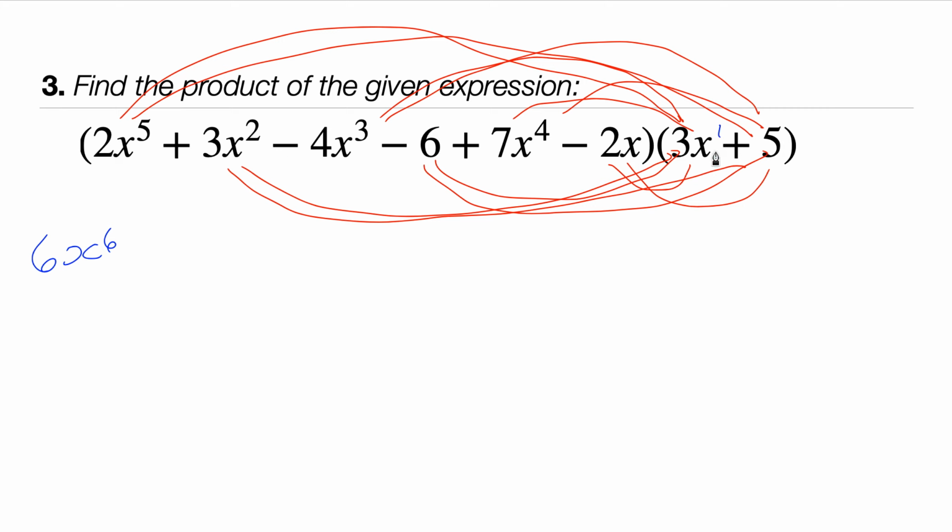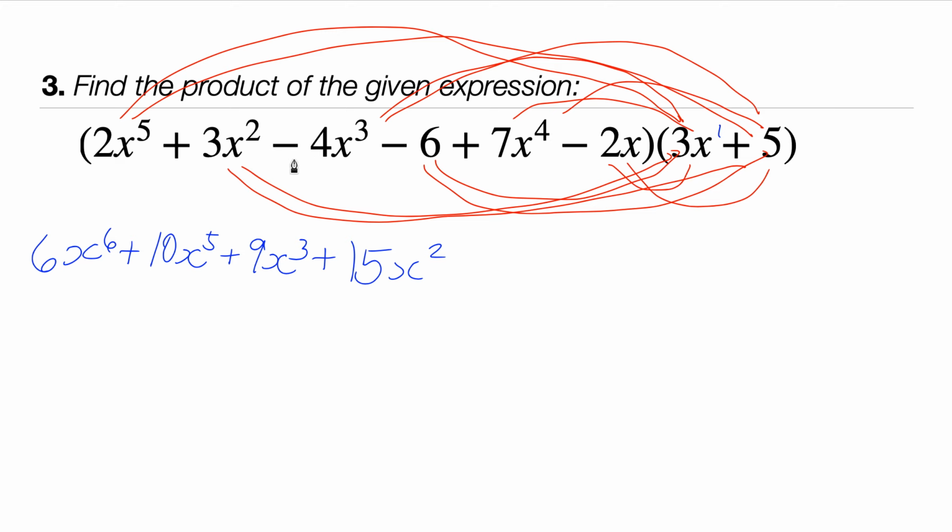So x to the fifth plus 1 becomes 6x to the sixth, and likewise 10x to the fifth will be the next term. Then 3x squared times 3x is going to become 9x cubed. Why is it cubed? 2 plus 1. So 9x cubed, and then multiply 3x squared by 5, that's going to become 15x squared. Squared only because it has no constant here.